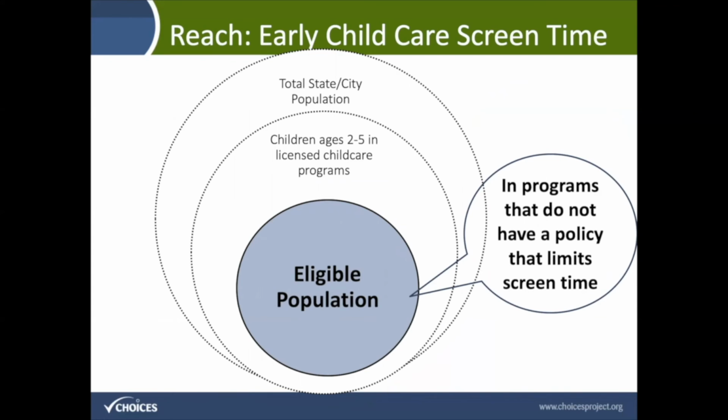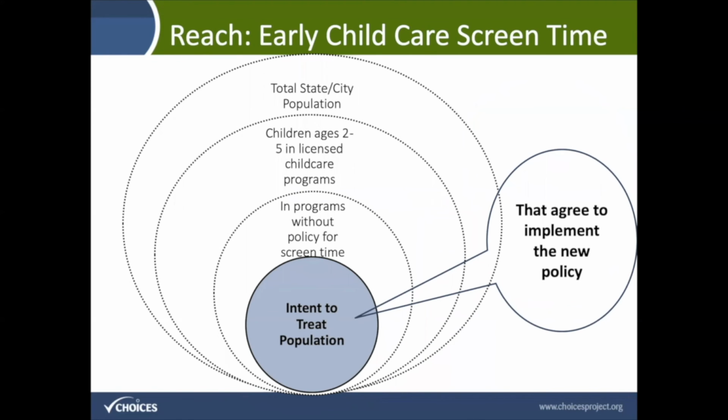Then we determine the eligible population. In this example, that would include those children aged 2 to 5 in the licensed child care programs without a current applicable policy or program. And then we narrow this down to the intention to treat population. And in this example, that would include those children aged 2 to 5 with licensed child care programs that don't have a current applicable policy or program that also agree to implement the new policy.